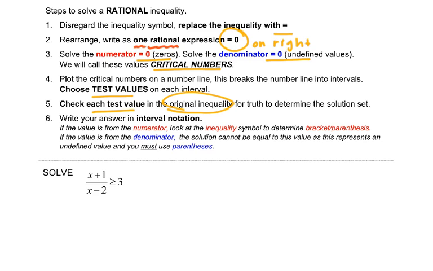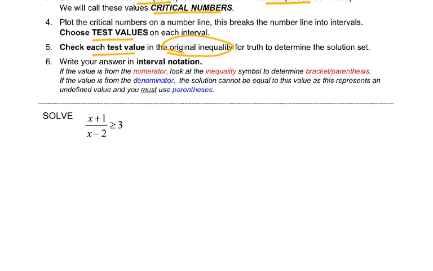But when the value comes from the denominator, that represents an undefined value, which is likely a vertical asymptote, and you can't touch a vertical asymptote. So you would have to use parentheses there, even if the inequality symbol in the function suggests that you could touch it. All right, so we've gone over our steps.